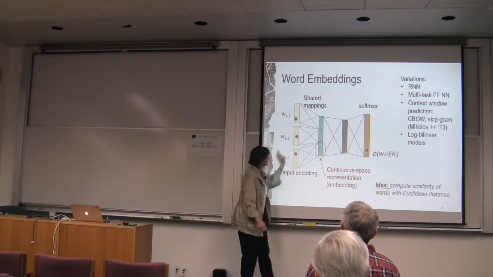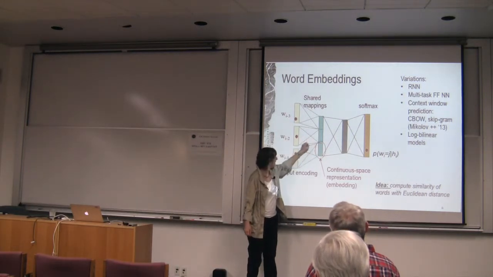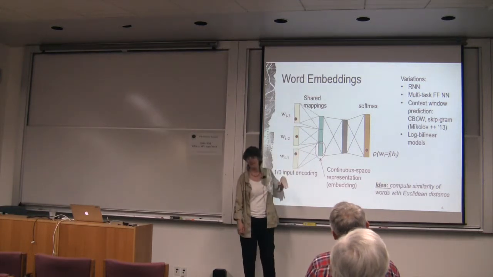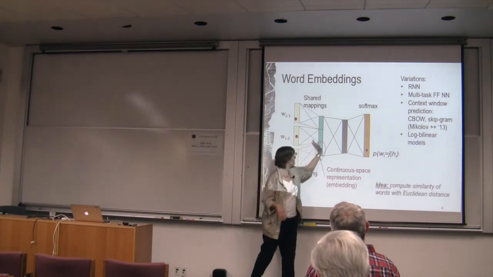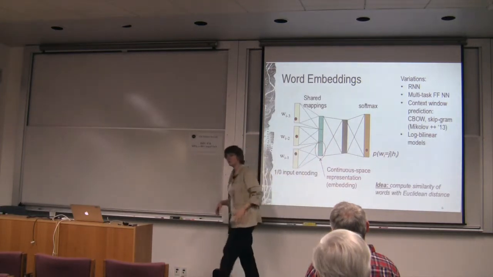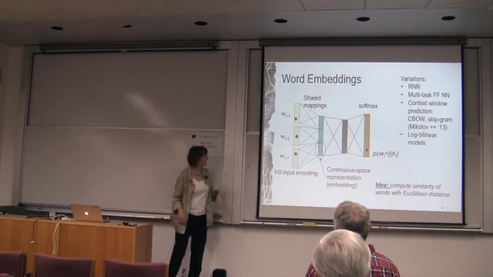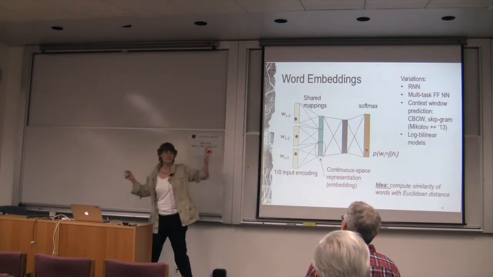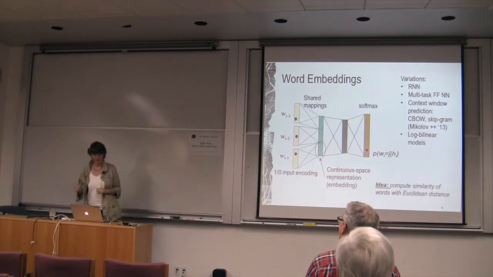You put it through a neural net. You do a transformation where they're all getting the same transformation. This was the original feed-forward network, and then put it into a hidden layer, and then you predict another word. And you can take this representation. Now we've got a continuous space representation that can represent a word.